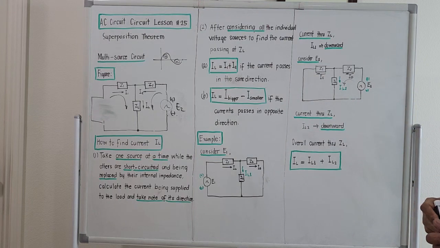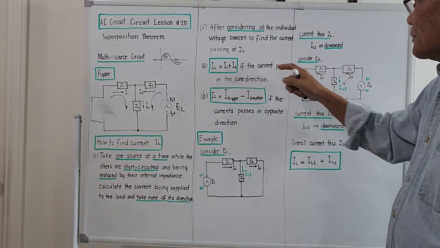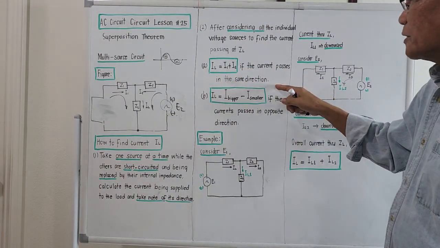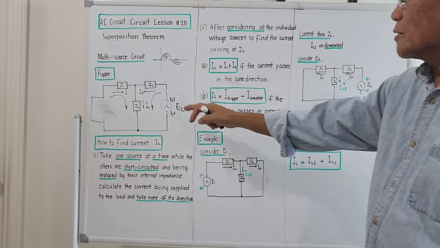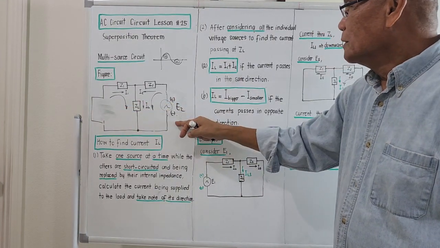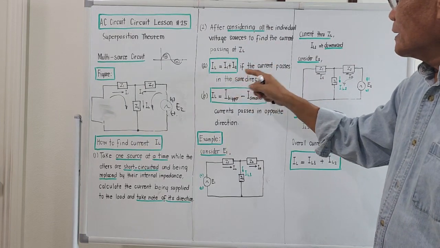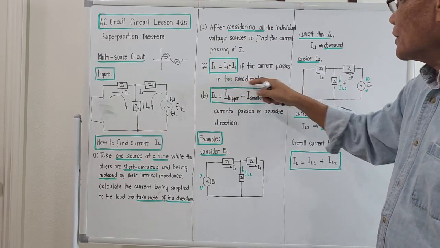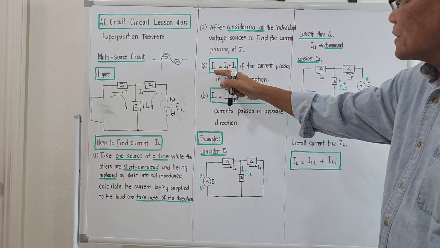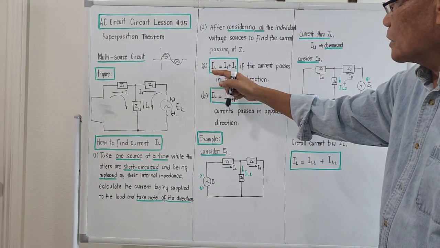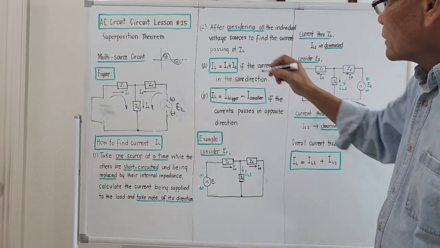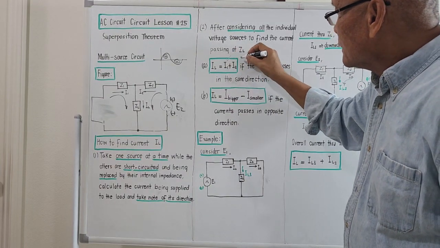Right? Okay, these are now the summary of how to compute for the current. If the current passes in the same direction, after considering voltage source number 1 and number 2, to compute for the current passing through the load ZL, the current passing through ZL, that will be IL, and it should be equal to I1 plus I2.